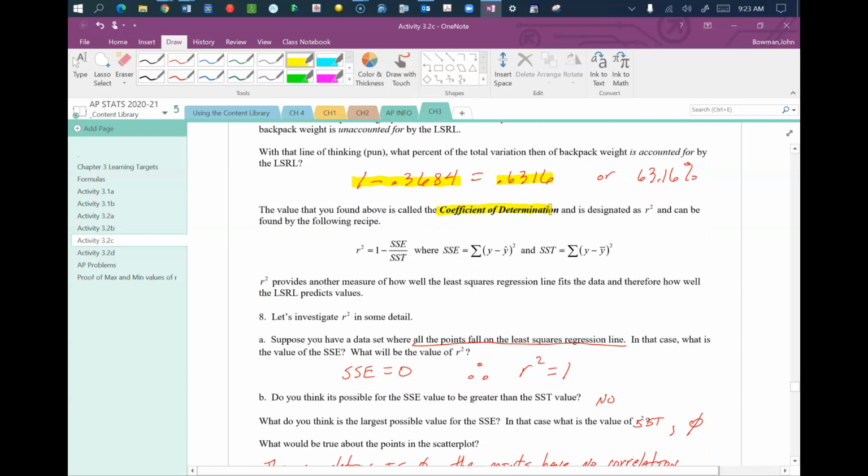So the coefficient of determination, designated as R squared, can be calculated using this formula right here.